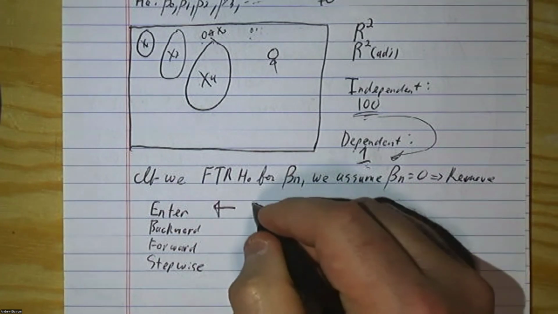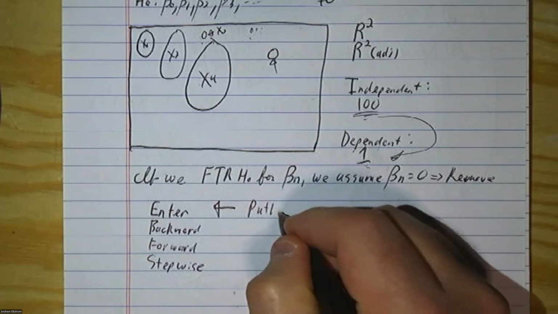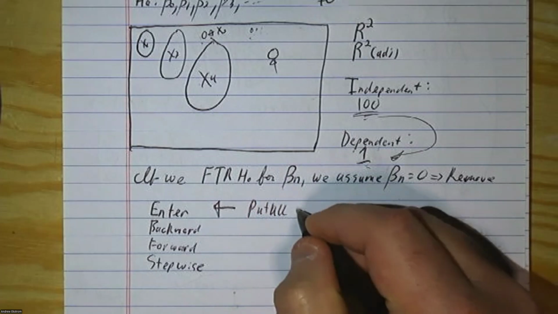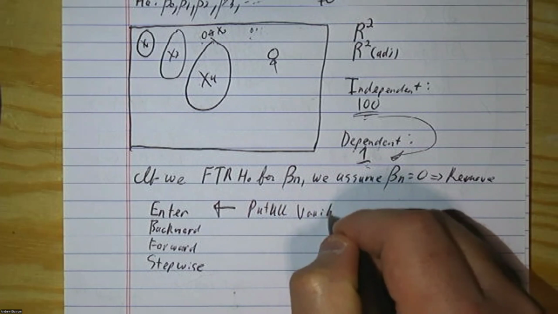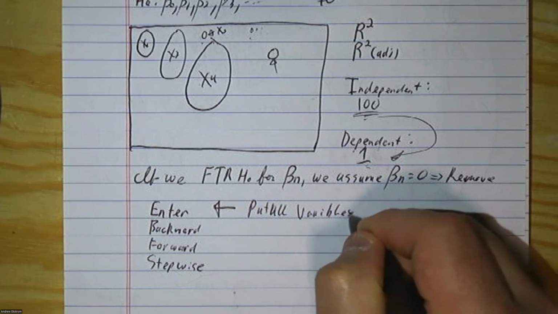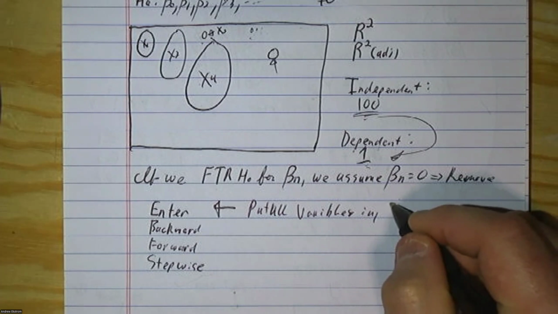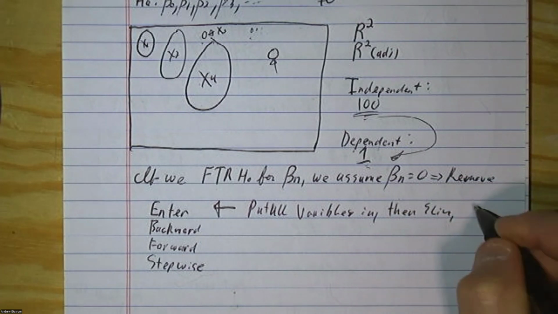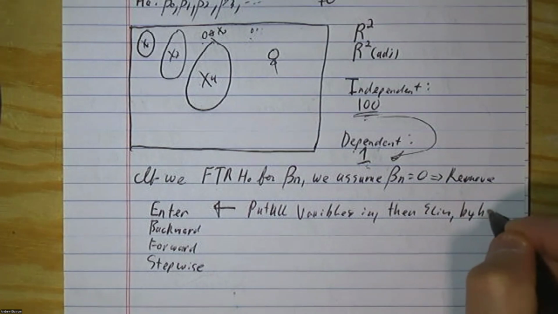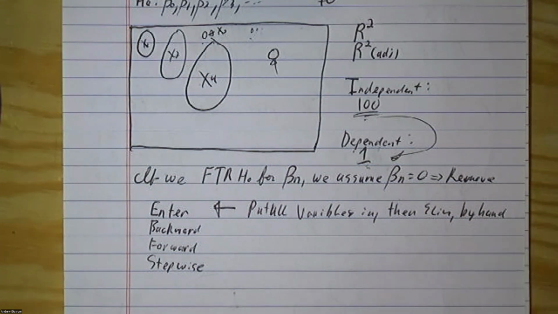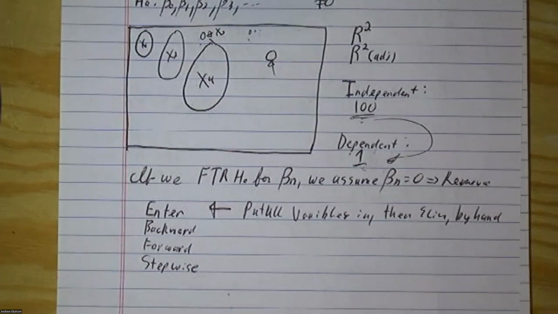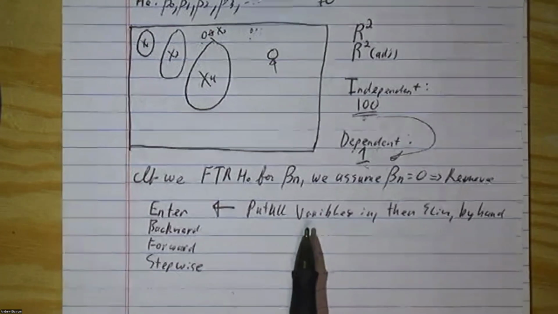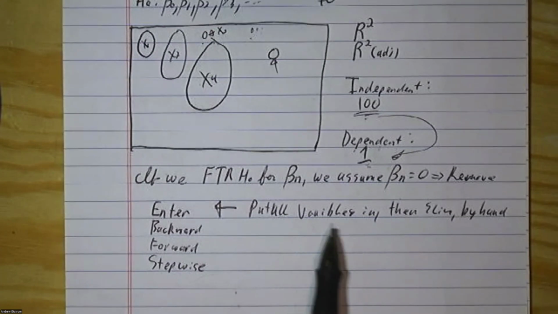This just means we put all the variables in, then eliminate, and do this basically by hand. Very time consuming, very tedious, but because of some of the issues we were talking about last time, this is the approved method for dealing with this.